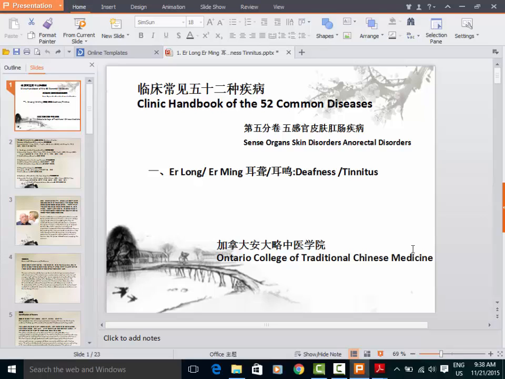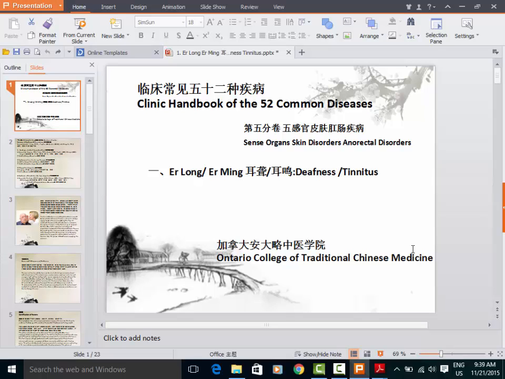Kidney yin deficiencies tend towards high pitch tinnitus, right? And what's the major other organ that's often involved with kidney yin deficiency with high pitched tinnitus?